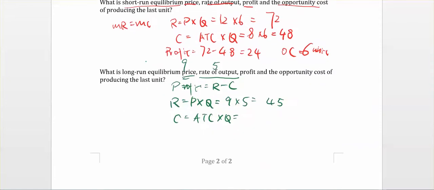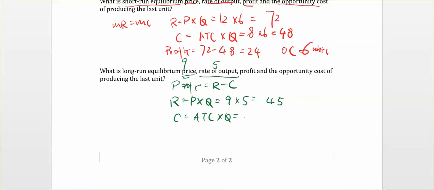So we have $9 as average total cost times 5 quantity. We still get 45. So the profit equals 45 minus 45, which is $0. Try to remember what you learned in the textbook: in the long run, for the monopolistic competitive firm, the profit equals 0. So this exercise proved that theory. The profit is 0 in the long run.